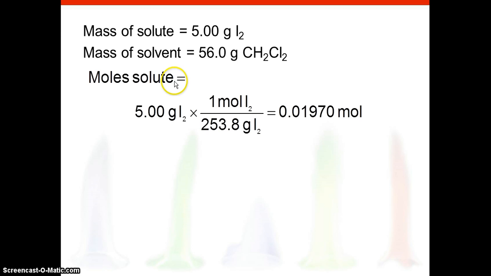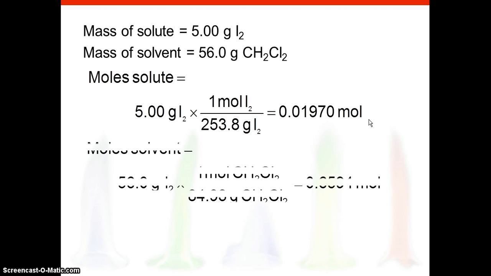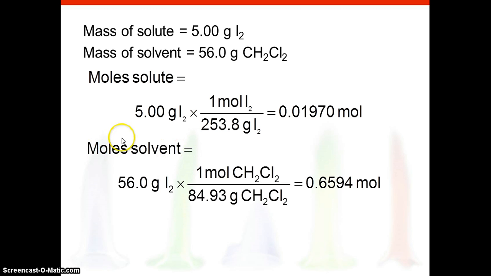So what is the moles of solute? We have 5 grams divided by the formula weight of iodine, which is 253.8. You get 0.0197 mole of iodine.